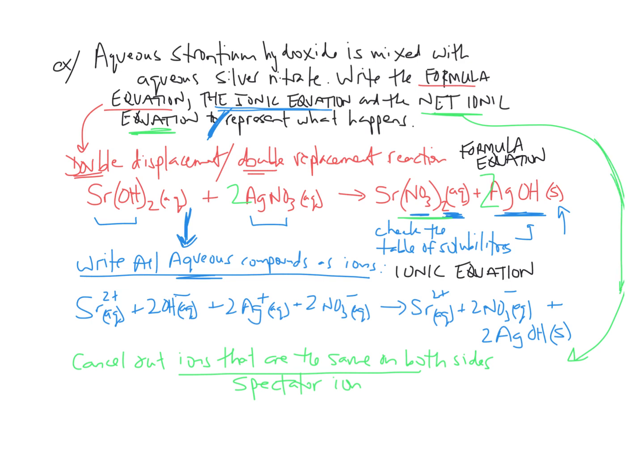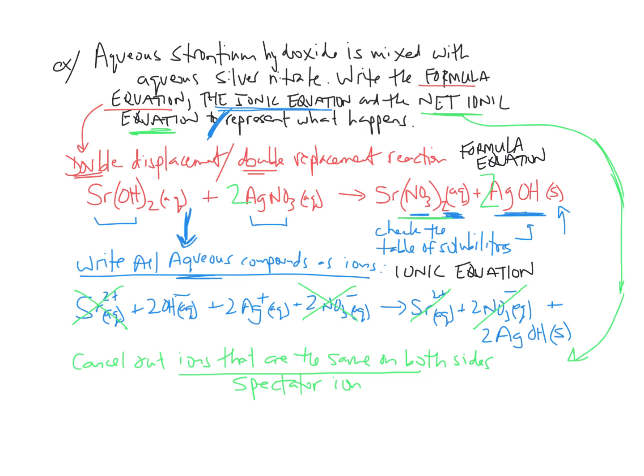So strontium is there as strontium 2+ on the left, and it's there as strontium 2+ on the right, so we cancel it. Silver becomes part of the solid, hydroxide becomes part of the solid, but the nitrates, the 2 NO3-, are there on the left. They're exactly the same on the right, so we cancel them out.